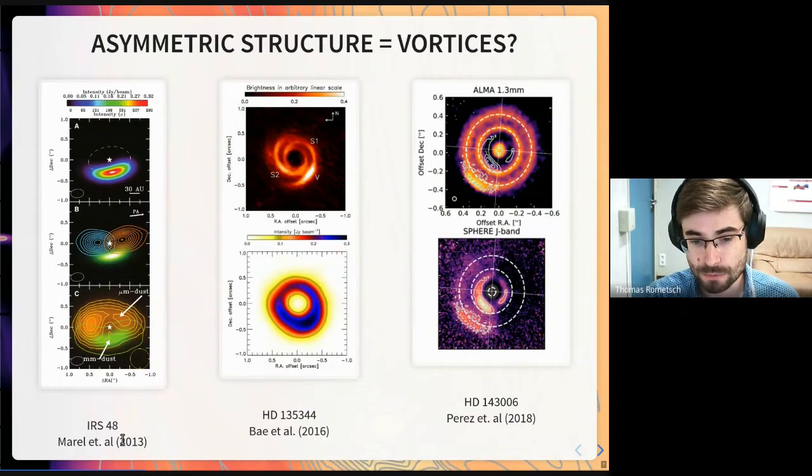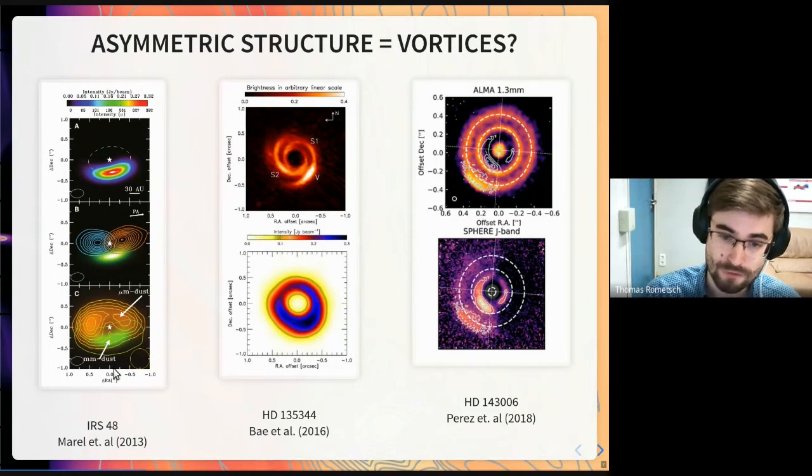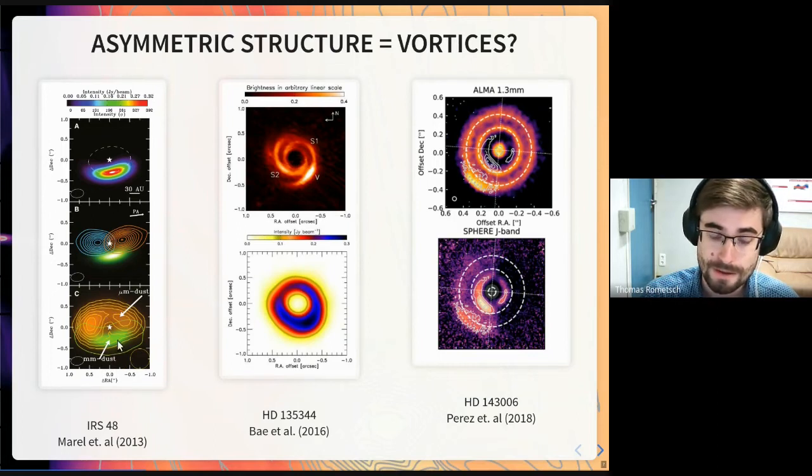It started with van der Marel et al. 2013. You see that the images were much coarser then. We didn't have that fine resolution, and you already see some clumping of millimeter dust at one specific location in the disk. These are radio telescope images also.